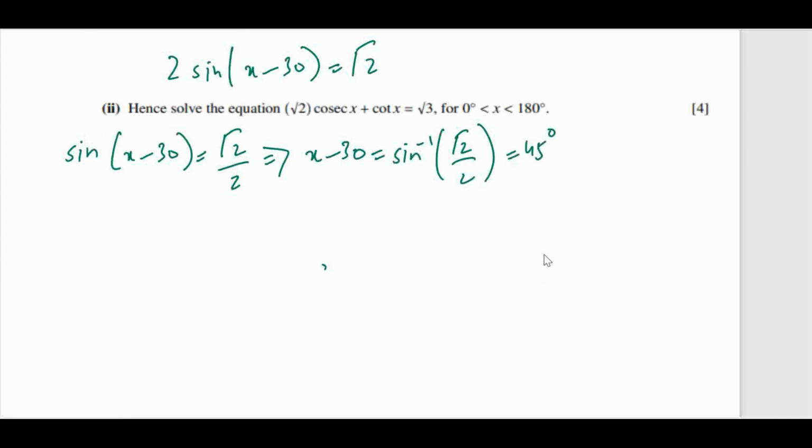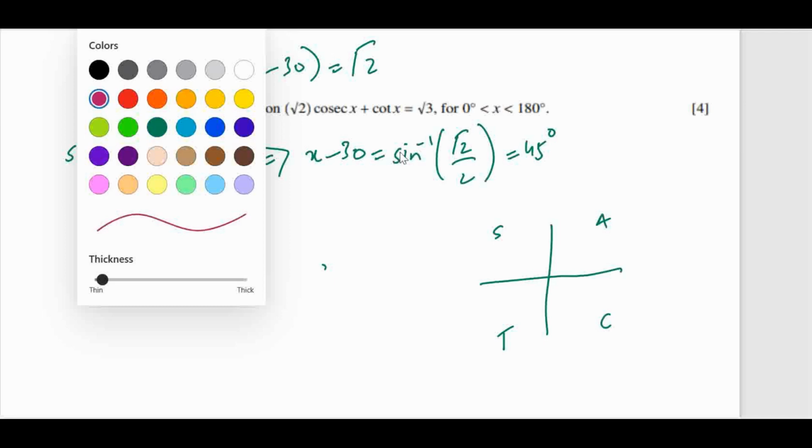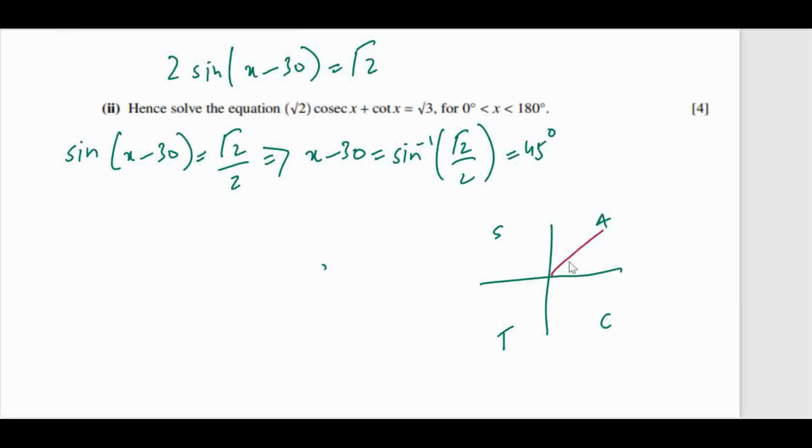Now let's use CAST again. Now we will have 45, which means sine is positive in two quadrants. The first one is this one will be 45, and this one will be 45.